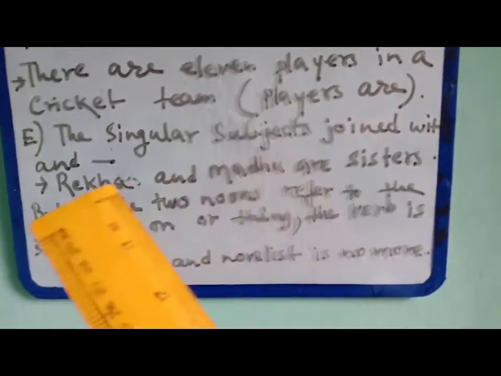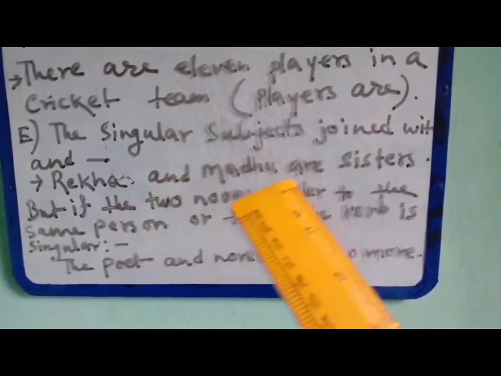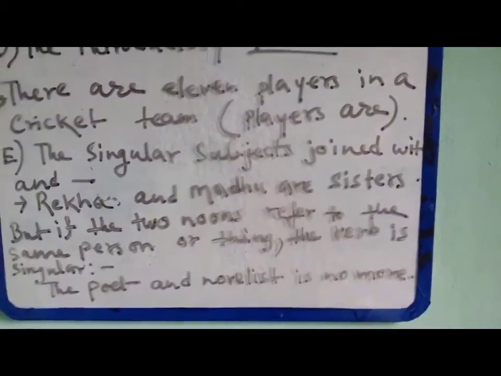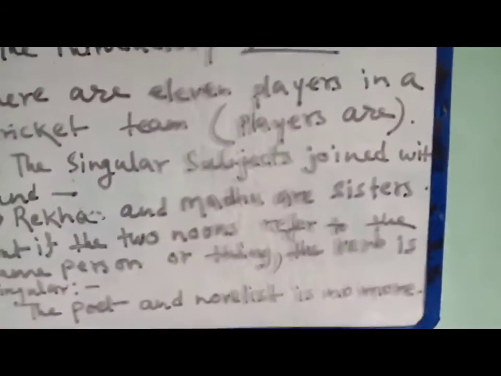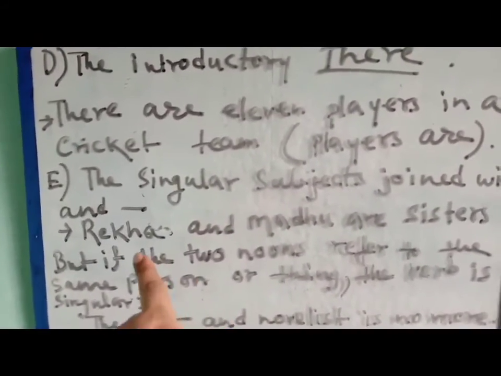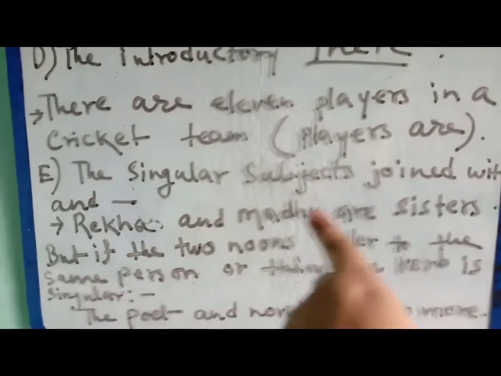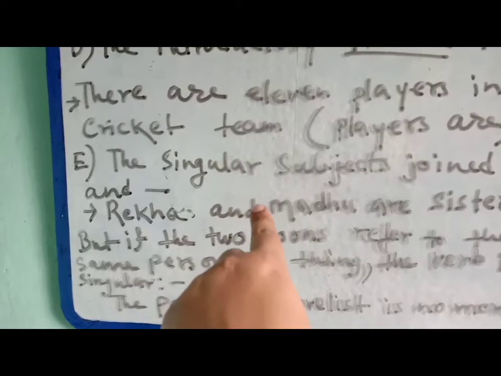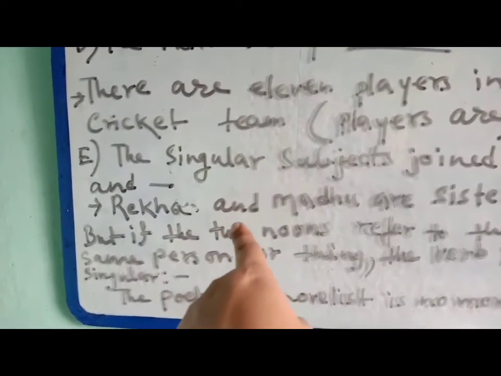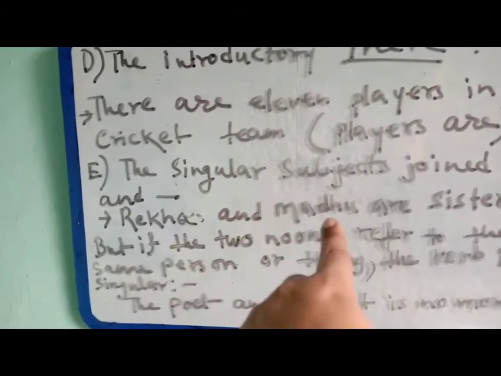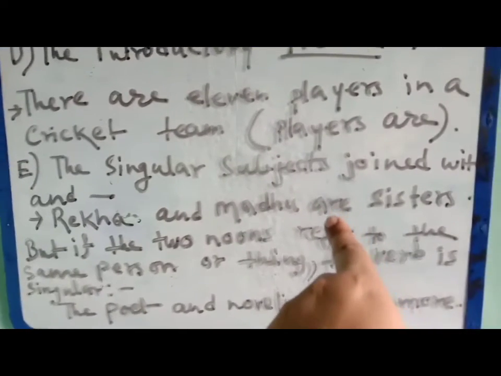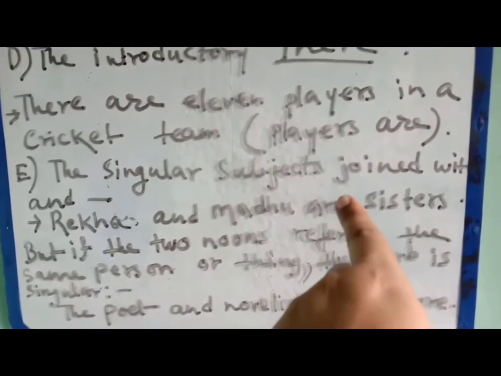These two are joined with "and", and here "are" is the verb, because Rekha and Madhu are two different subjects added with "and", so we have written "are", that means the verb.